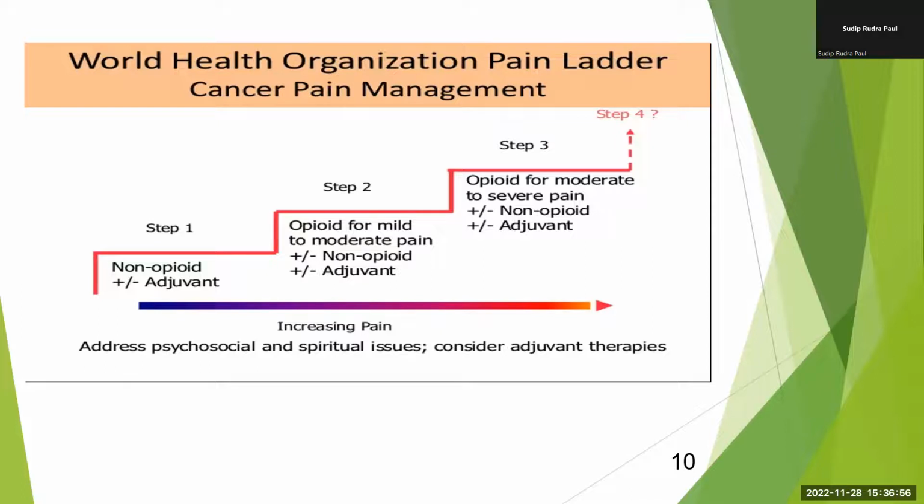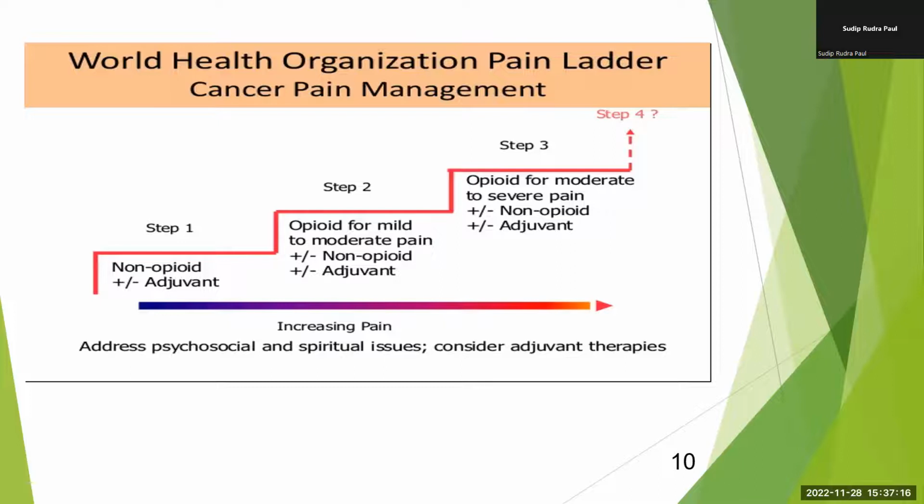One of you has given the answer Ultraset. If we see the Ultraset tablet, it's the combination of paracetamol and tramadol. Tramadol is 37.5 mg and paracetamol is 325 mg.